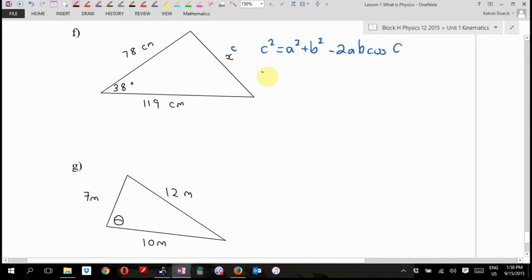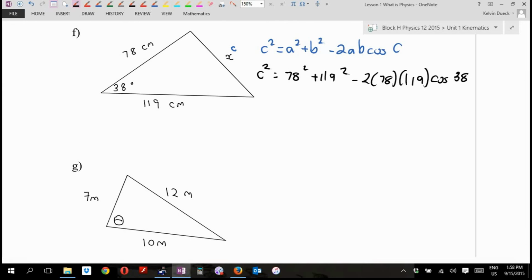So my next line, C squared is going to be, what do you want A to be? 78? Sure. 119? Sure. All I know is it's going to be both of those squared, minus 2 times both of those, cos 38. And as Spencer has reminded us, make sure we don't forget to, at the end of this, square root.